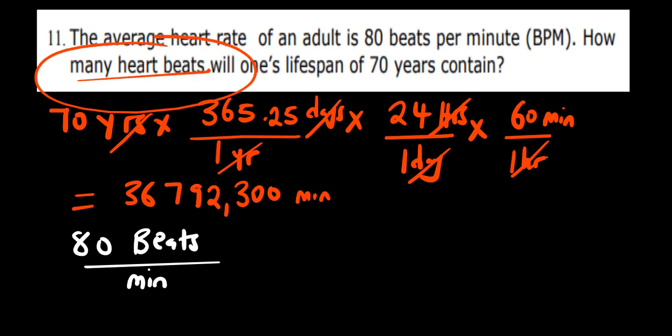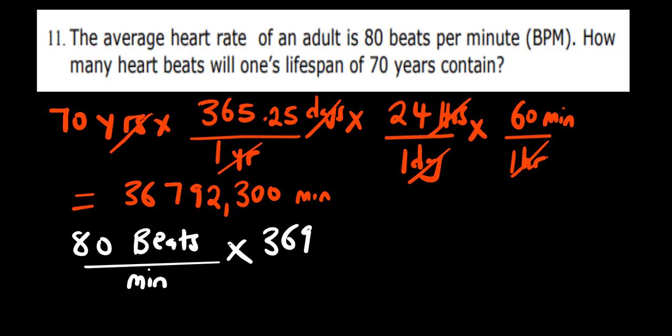So what are we going to do? We're just going to multiply by what we just found, 36,792,300 minutes. So the minute and the minute can cancel. Our job is just going to be to multiply 80 by this number.